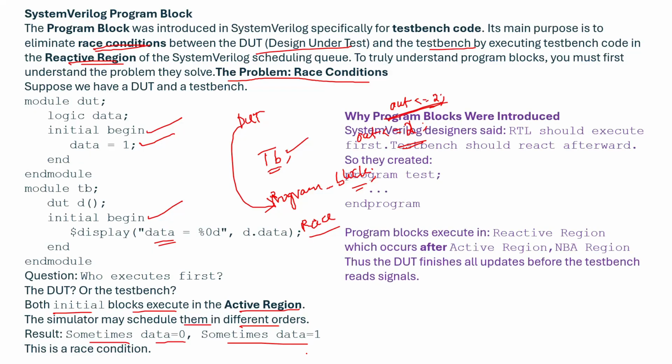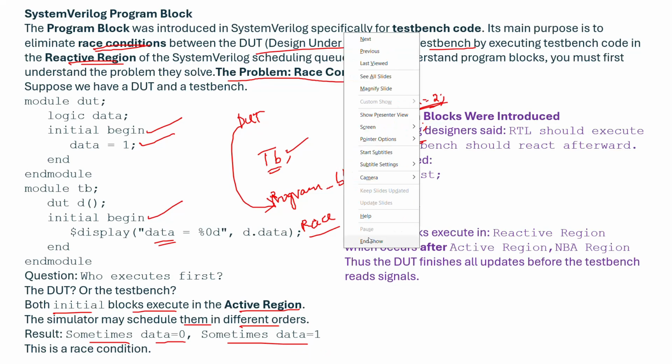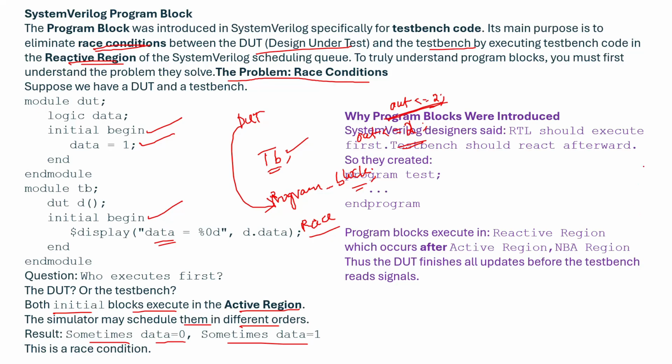Then this program block was introduced. To avoid the race condition, only after completion of the RTL will this program block be executed. In SystemVerilog, we have RTL. RTL should execute first, and only then should the test bench react afterwards. That is the reason the test bench will be executed in the reactive region, after completion of the DUT.